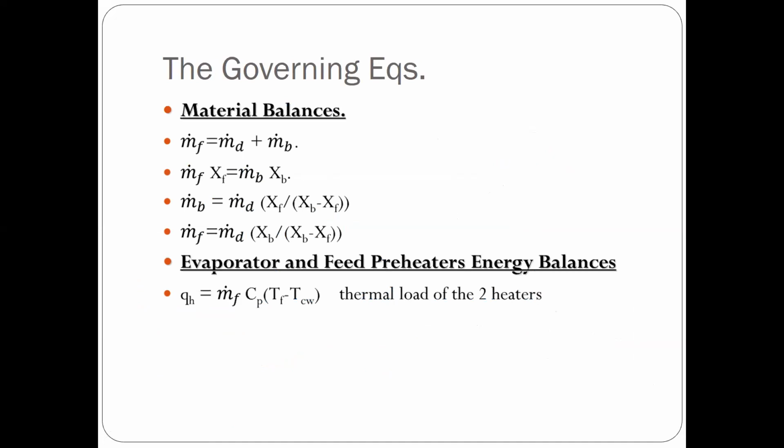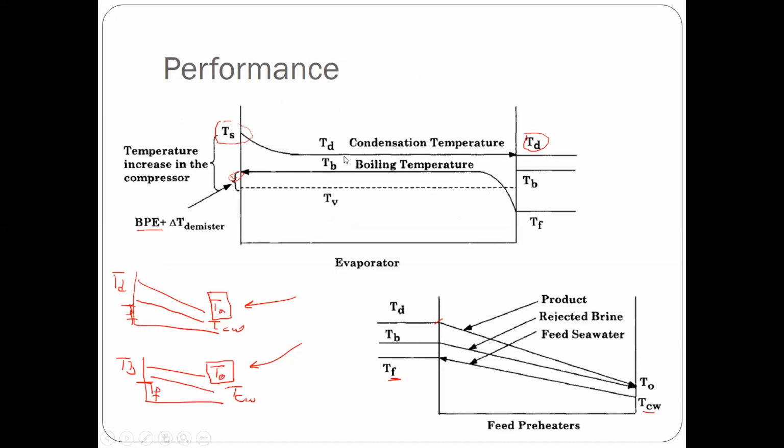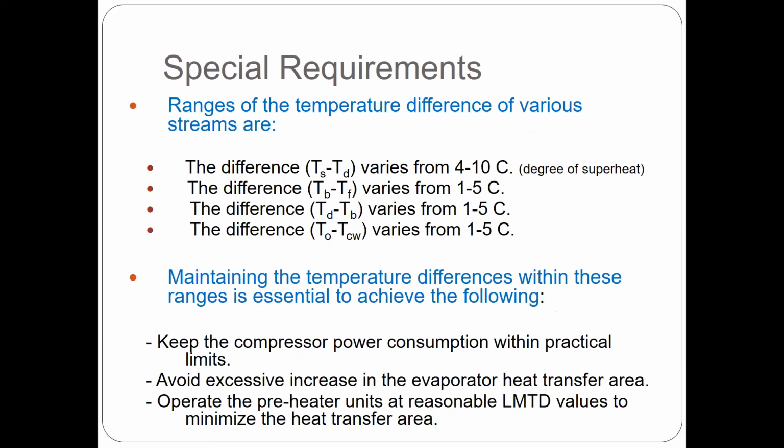What we are talking about here is basically this difference between TD and TB, the temperature difference between the vapor which is passing inside the tubes and the seawater which is sprayed outside the tubes. So this difference is again in the order of 1 to 5 degrees centigrade.